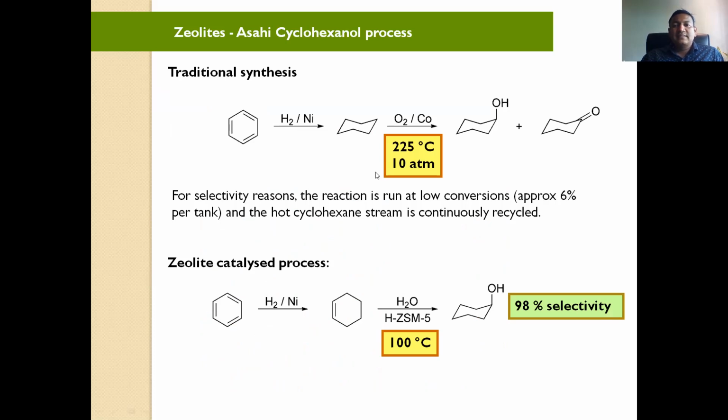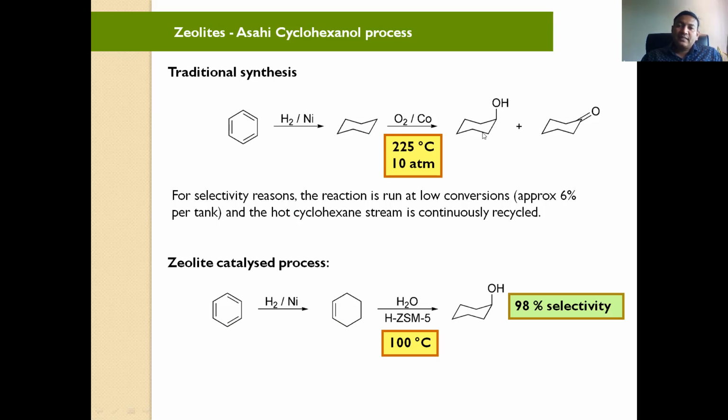See, this is the traditional synthesis of cyclohexanol. Traditional means the conventional method, from benzene using hydrogenation in the presence of nickel, you get the cyclohexane type of ring. Then there is oxidation in the presence of cobalt, and you will get cyclohexanol.